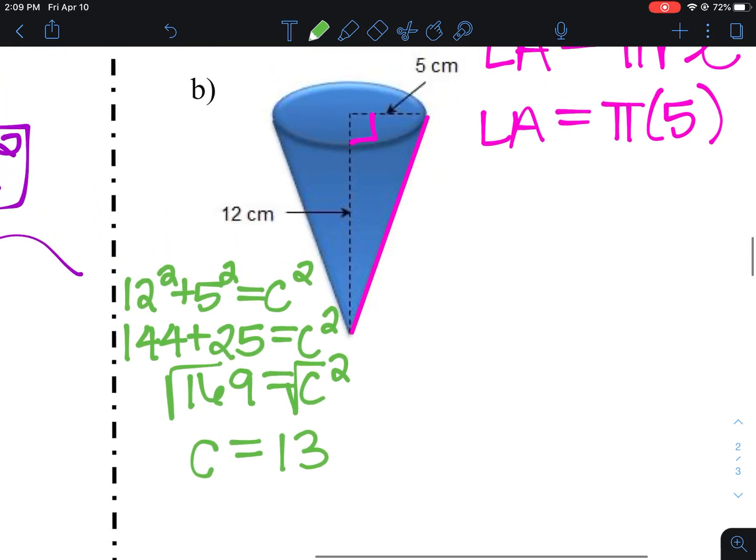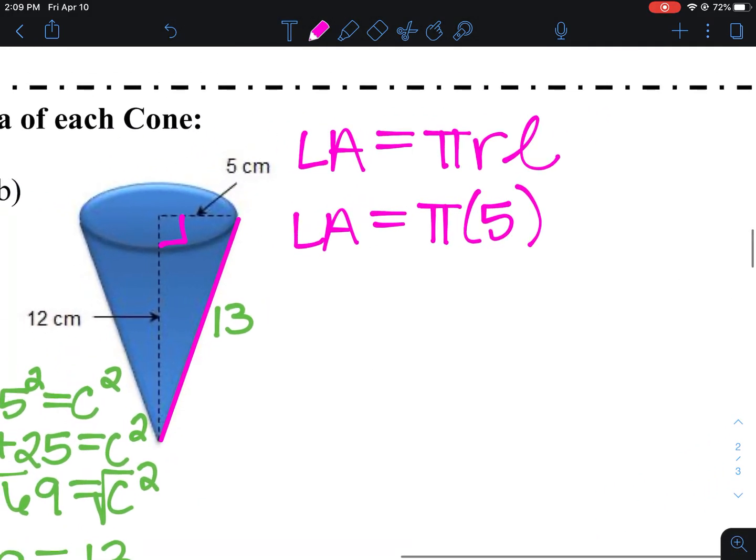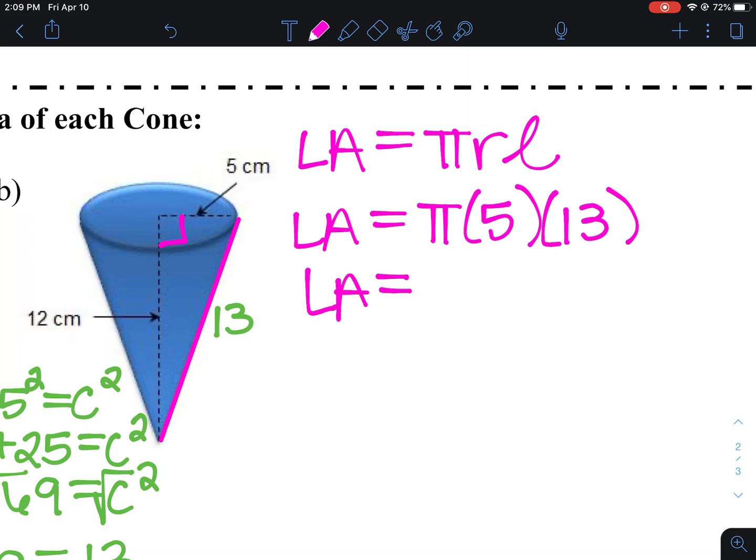So again, that's not your final answer for anything, right? That just means that the slant height is 13. So we can go ahead and now plug that in here. We just found that it's 13. So again, if we just want the exact, just do the 5 times 13, which is 65.